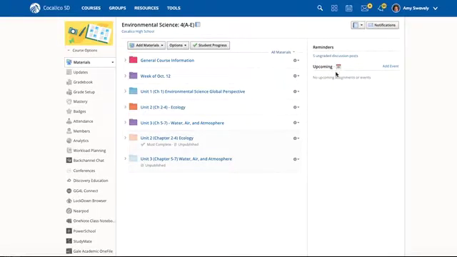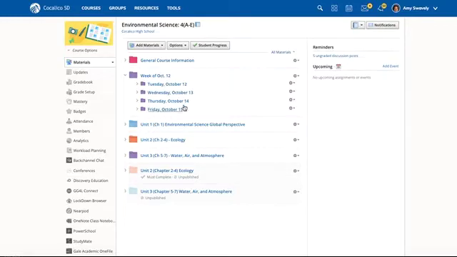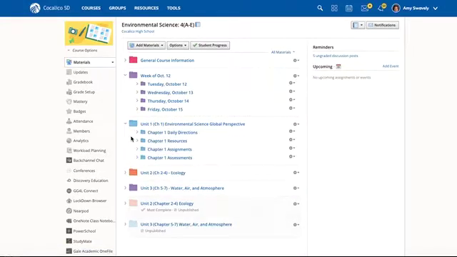So any upcoming assignments or tests or due dates for assignments would show up here as well. And similar to biology, I keep generally 1 or 2 weeks running here, and then as that passes, I file them into the unit folders.